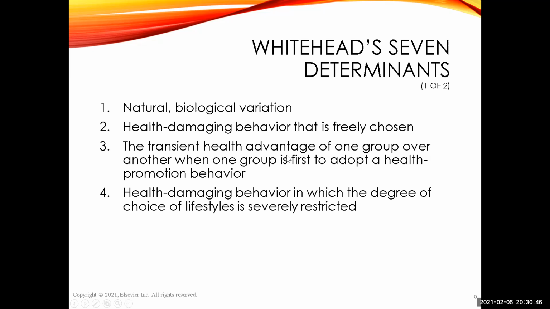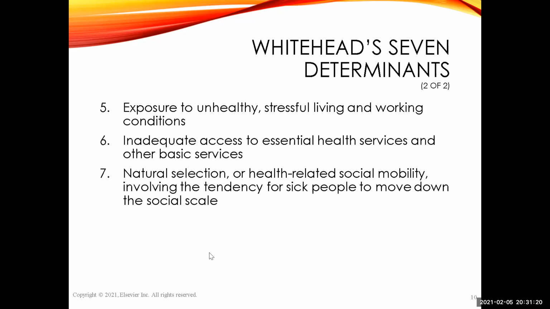These are the 7 determinants: natural, biological variation; health damaging behavior that is freely chosen; the transient health advantage of one group over another when one group is first to adopt a health promotion behavior; health damaging behavior in which the degree of choice of lifestyles is severely restricted; exposure to unhealthy, stressful living and working conditions; inadequate access to essential health services and other basic services; and natural selection or health-related social mobility, involving the tendency for sick people to move down the social scale.